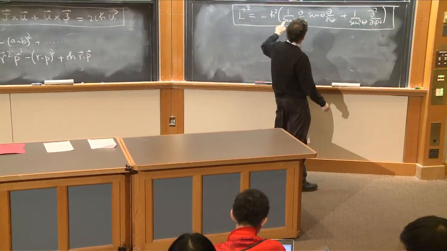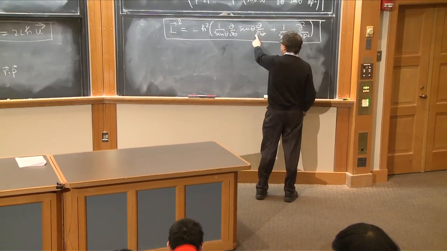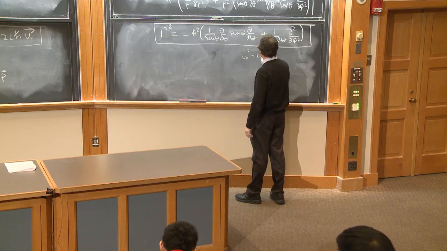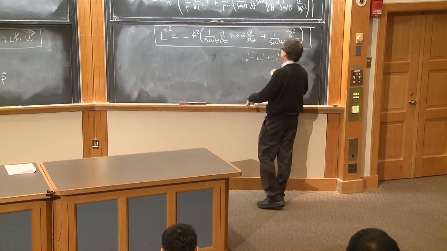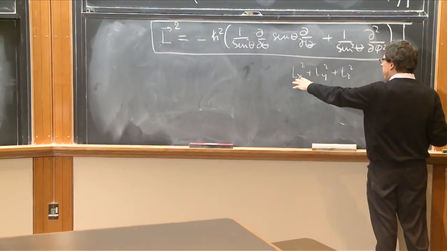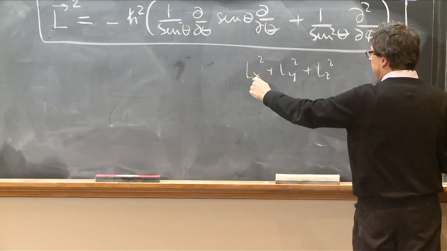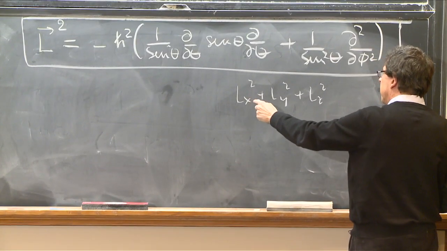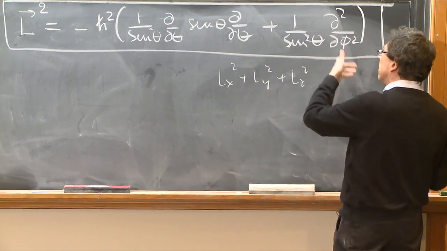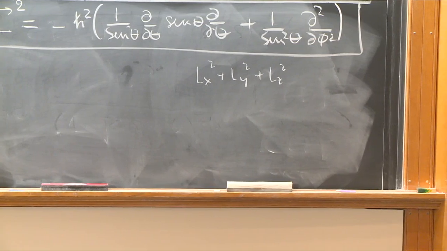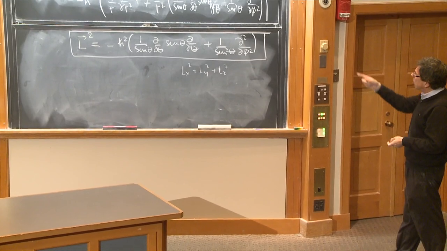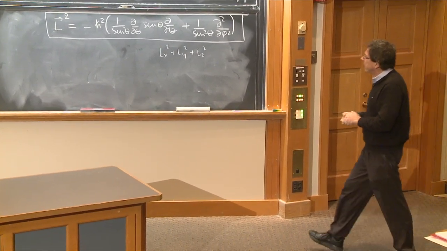It's not all that easy to get by direct computation. If you had to do Lx squared plus Ly squared plus Lz squared, first, all these possible orderings, well, there's no ordering problems here, but you would have to write this in terms of x, py and pz and x, y, and z, then pass to angular variables, simplify all that. It's a very bad way to do it, and it's painful. So the fact that we got this like that is very nice.